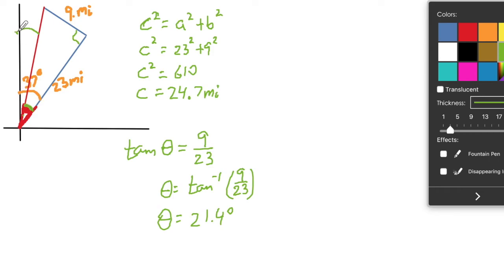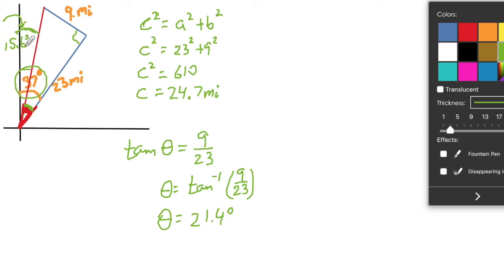We're looking for the measure of this angle. So this one plus this one must add up to 37. So if I'm looking for that one, all I have to do is a little subtraction. So 37 minus 21.4, and you get about 15.6. So this angle here is 15.6 degrees.